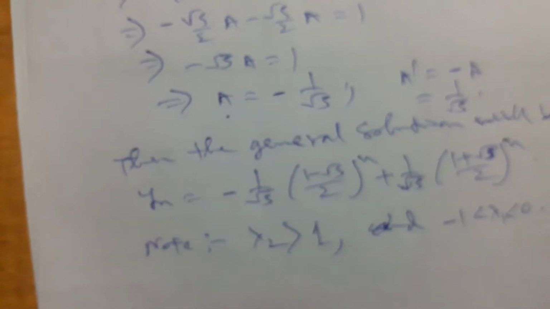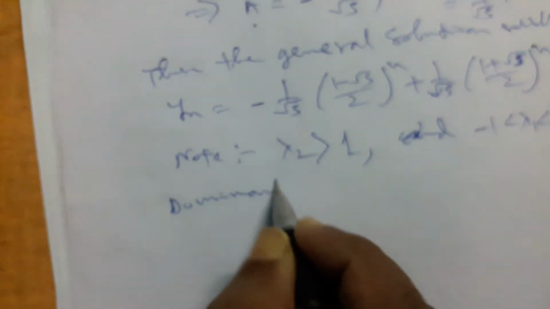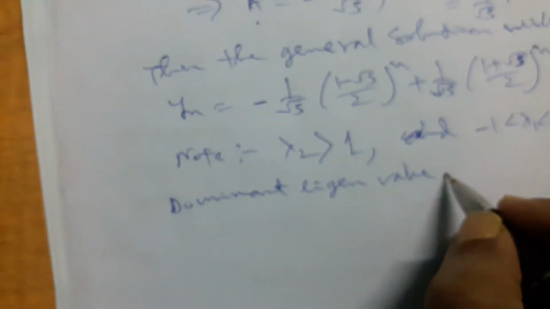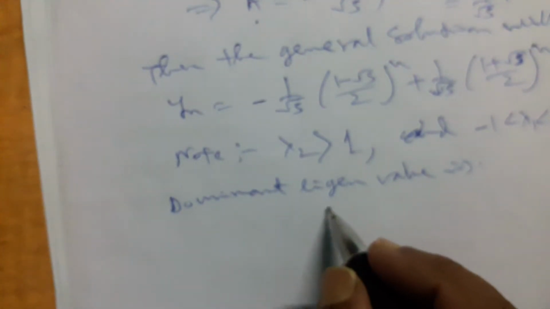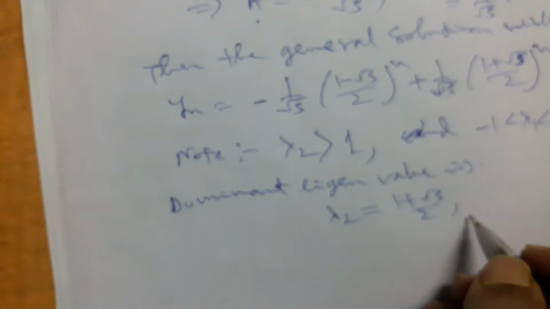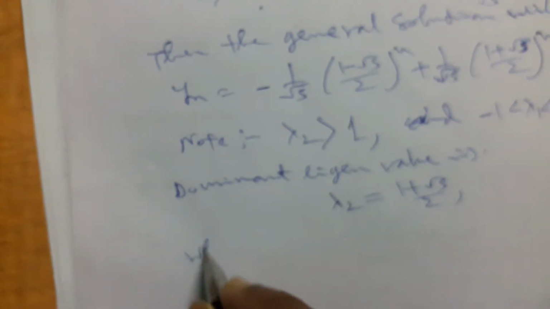Then the dominant eigenvalue, that is the greater one, is lambda 2 equals (1 plus root 5)/2, and its magnitude guarantees that the Fibonacci numbers y(n) form an increasing sequence.